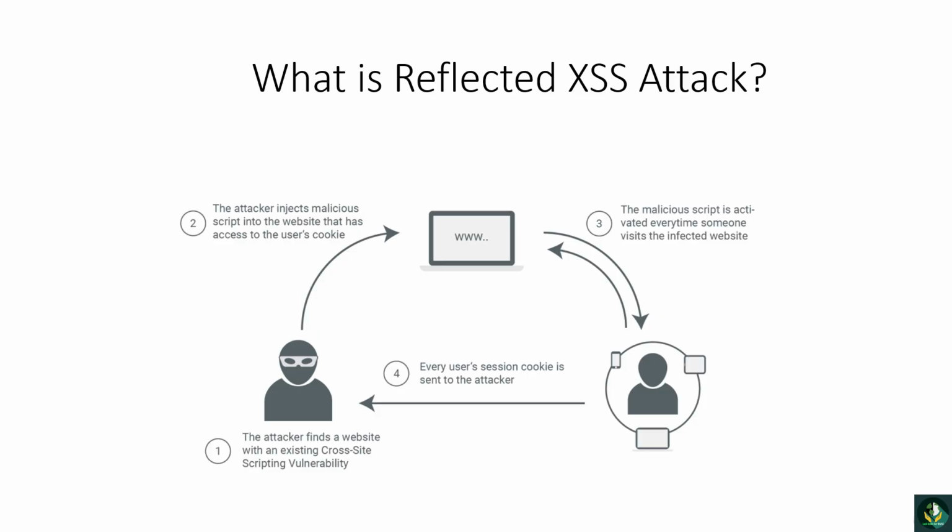Unlike in a stored attack, where the perpetrator must locate a website that allows permanent injection of a malicious script, a reflected attack only requires that the malicious script is embedded into a link. That being said, for an attack to be successful, the user needs to click on the infected link that the attacker has sent in some way.